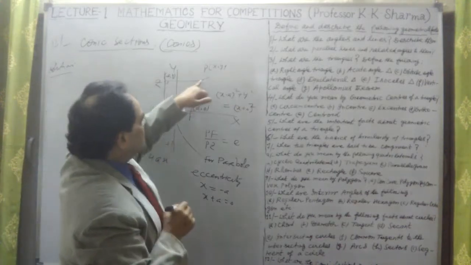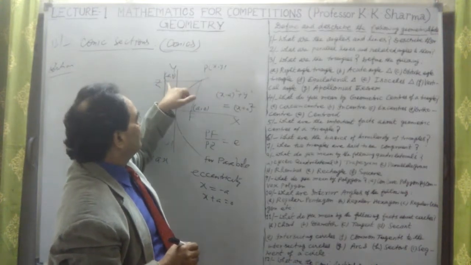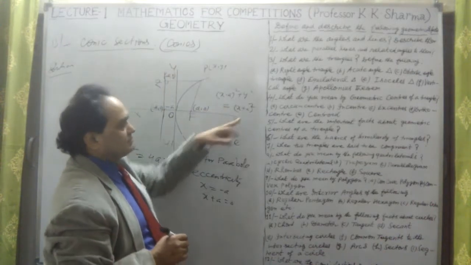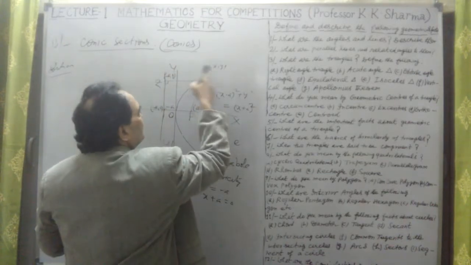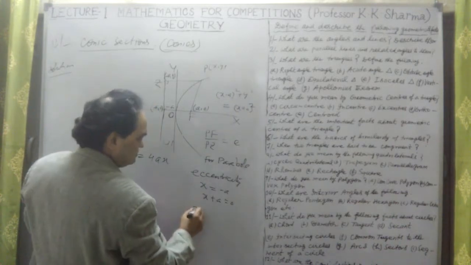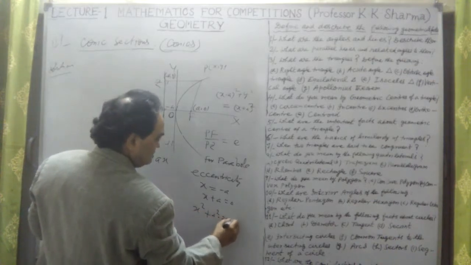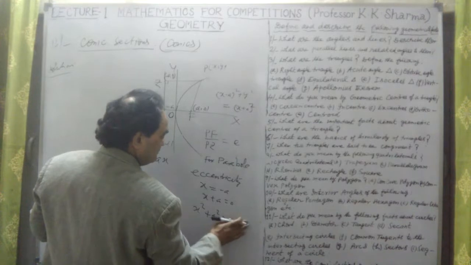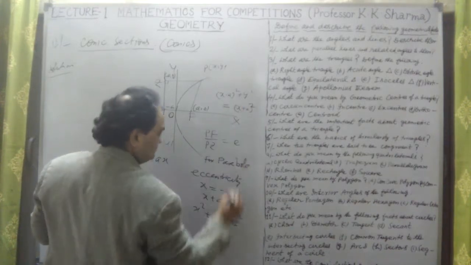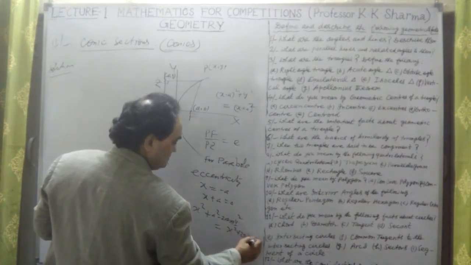Because this is the perpendicular distance of P from this directrix, this point is minus a and y. So this is x plus a whole square, and this is y minus y is 0, plus 0. If I open this whole, it will be x square plus a square minus twice ax, sorry, plus y square, equal to x square plus twice ax plus a square.